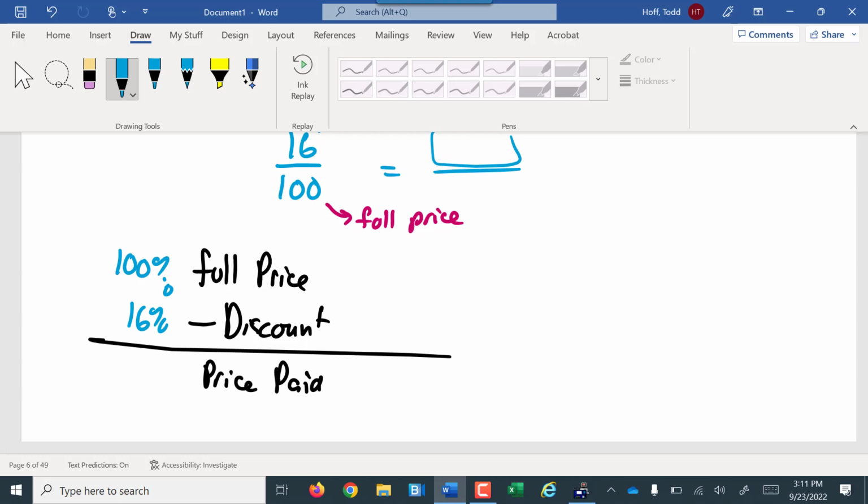So then the price paid would be 100 minus 16, or 84%. So the percent that we're going to be working with in this problem is the 84%. So 84 over 100.